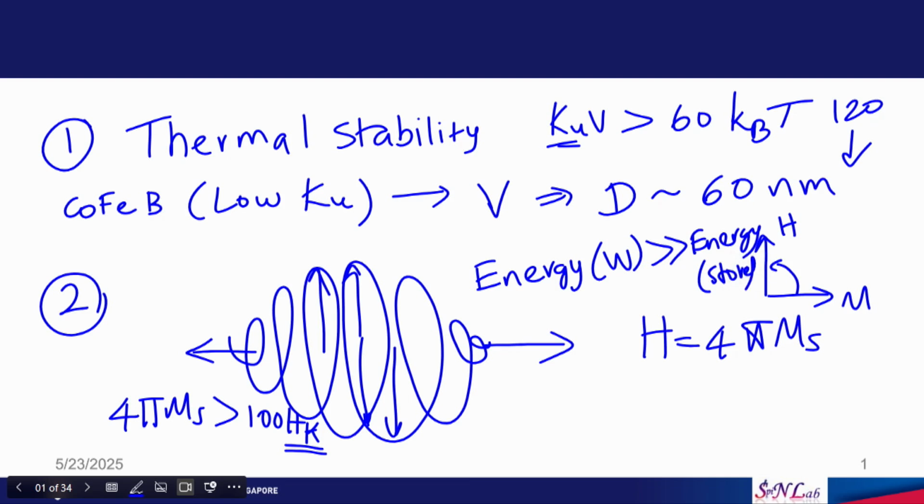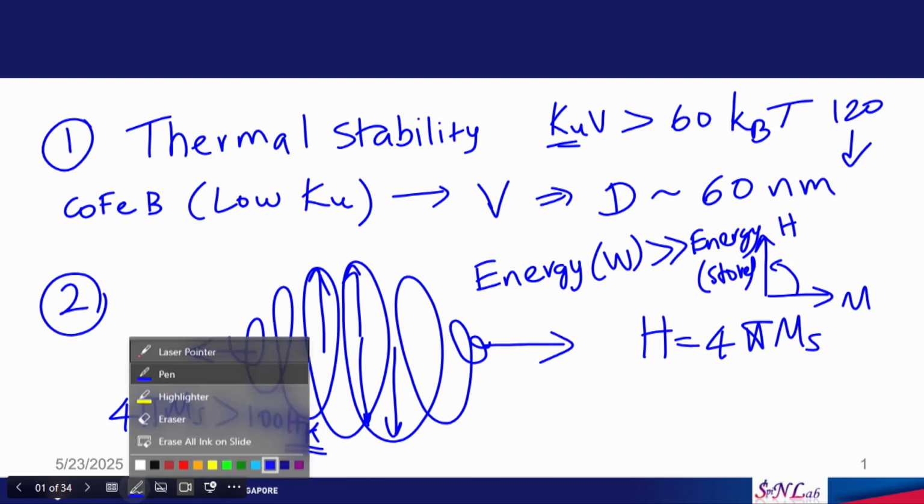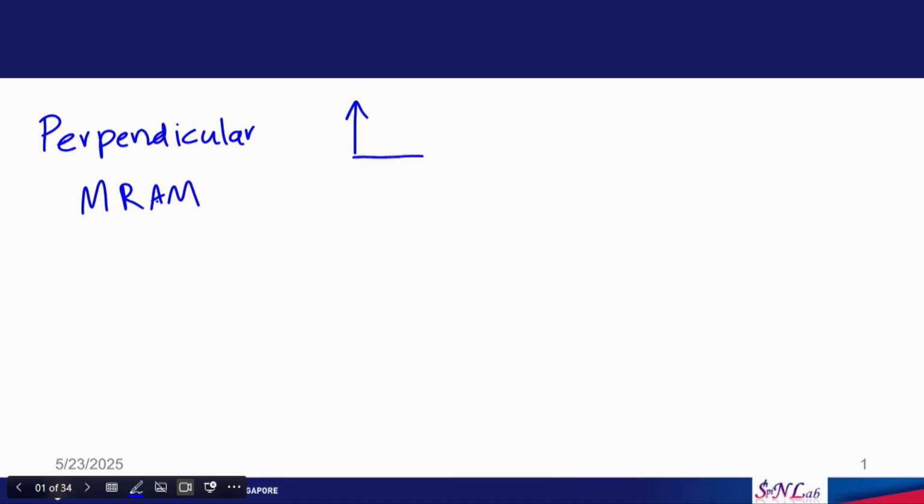Because of these two problems, researchers started working on perpendicular MRAM. In perpendicular MRAM, if you have magnetization in the perpendicular direction and if you want to bring it to in plane direction, you need to apply a field Hk.